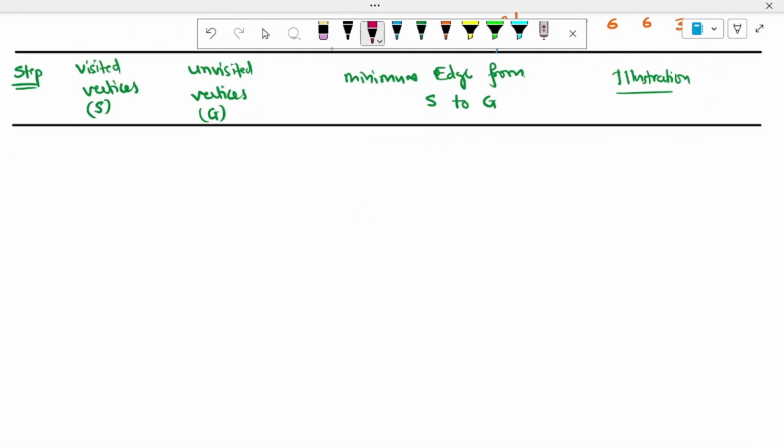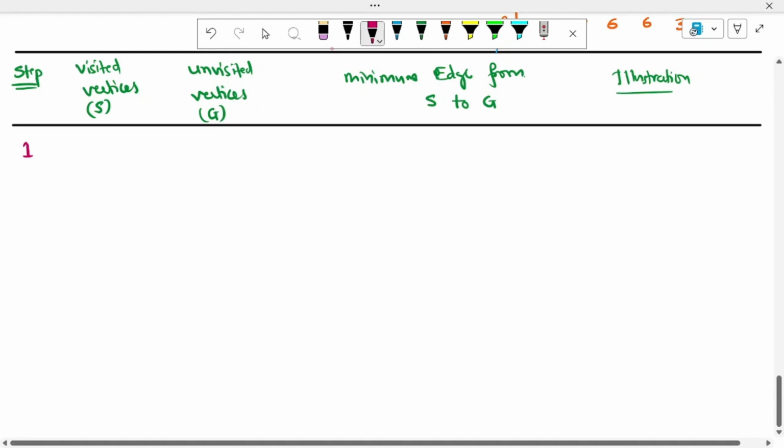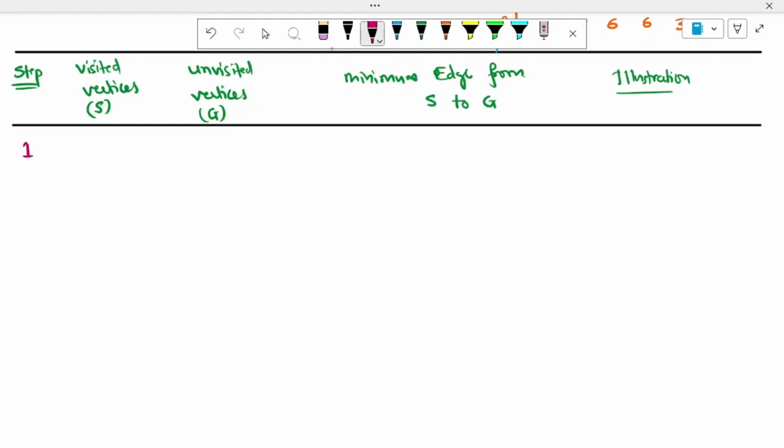Now I'm going to write step 1. In step 1, I find that I have not visited any of the vertices, so I'll put a dash. And when I have not visited any of the vertices, obviously we will have all the vertices, 1, 2, 3, 4. But here you need to write the names of the vertices.